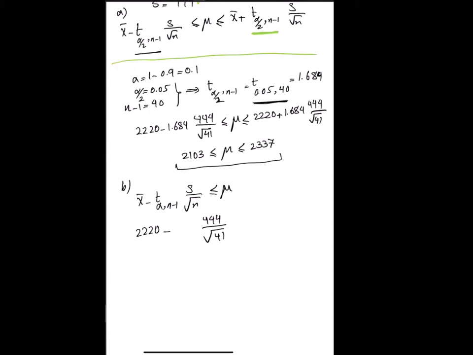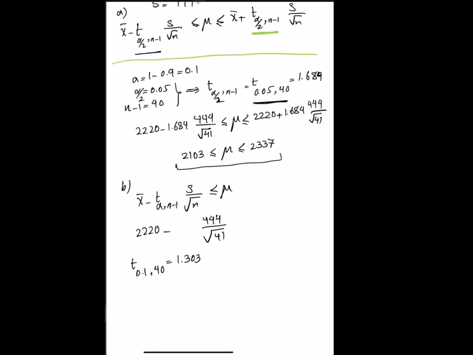The only thing I need to find is the t value. So t of alpha, 0.1, and n minus 1, which is still 40. Can you please tell me what this t value is from the table? 1.303. Exactly.